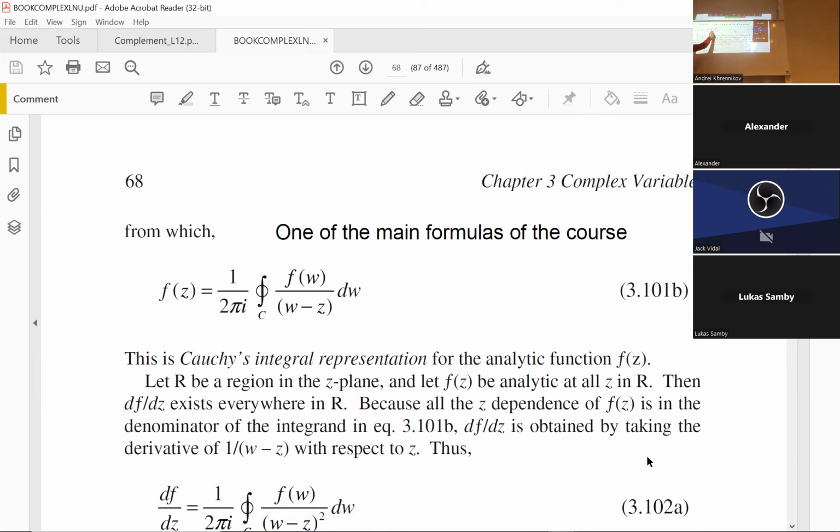This function has a pole at the point z, but maybe it has also some other pole, for example u, or some other singularity. So this contour can be anywhere except around this singularity. So this representation is valid in any area where this function has no singularity.